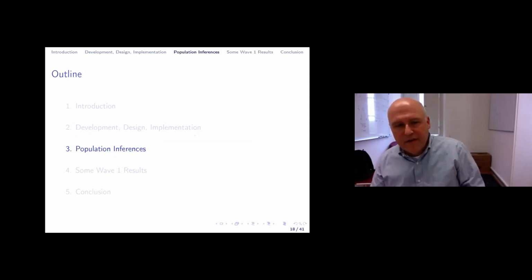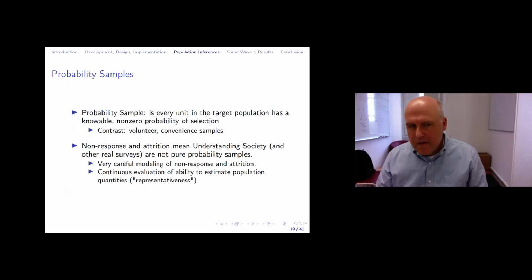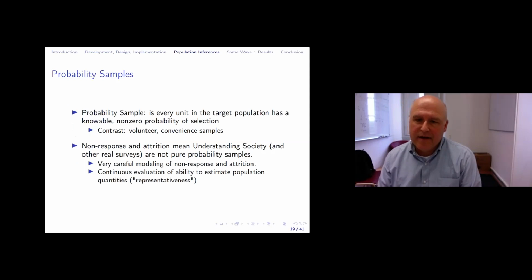So now I just want to say something about population inferences. Economists, and I'm an economist, often don't use survey weights, and the argument is that if your model is properly specified, then the weights don't help you and they may make your estimates less precise.